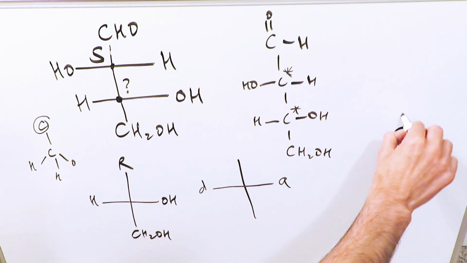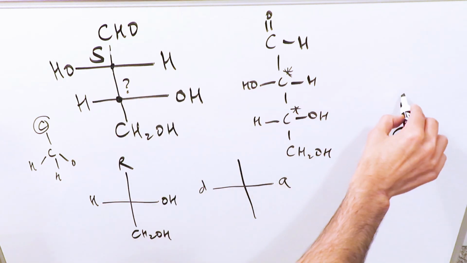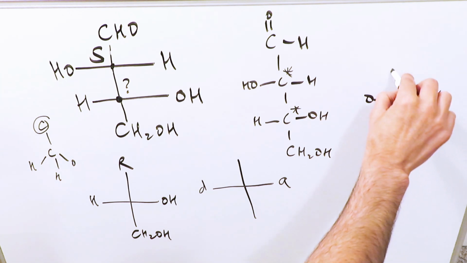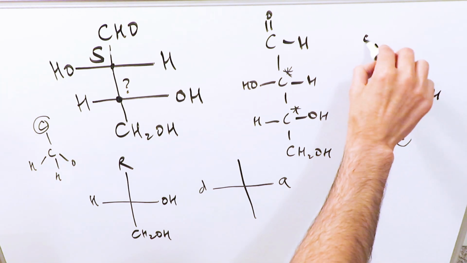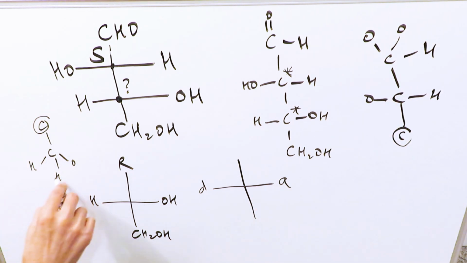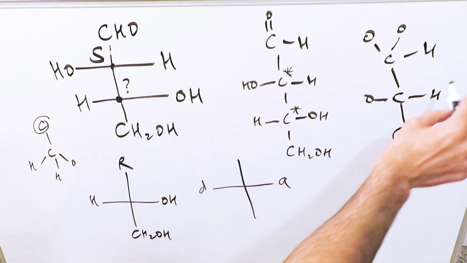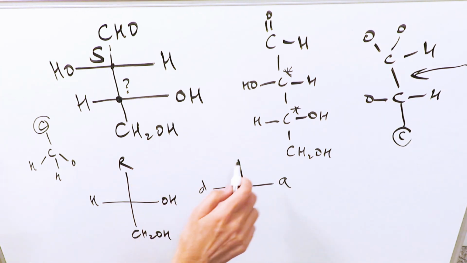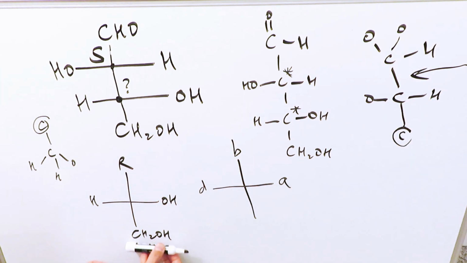Here's my chiral carbon, and I have an immediate carbon. But to that I have a hydrogen, to that I have an oxygen, to that I have an aldehyde group, which is a C with the O, with an H. When you start doing a comparison between this and this, you know clearly this outweighs that in terms of priority. So the R group over here becomes your B, your CH2OH becomes here a C.